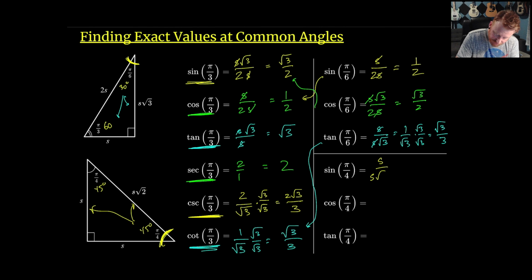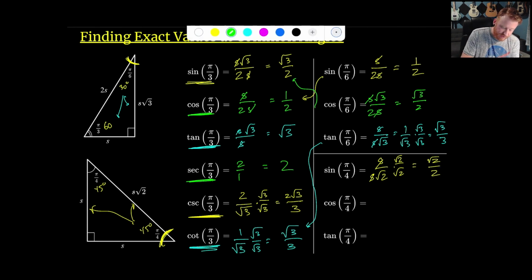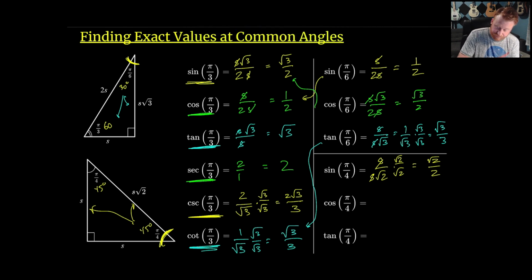Oops, square root of 2, not the square root of 3. The s's will cancel, and we'll want to rationalize the denominator. We will be rationalizing a lot of denominators. And here we are going to get the square root of 2 over 2. So that is the sine for pi over 4 every single time.